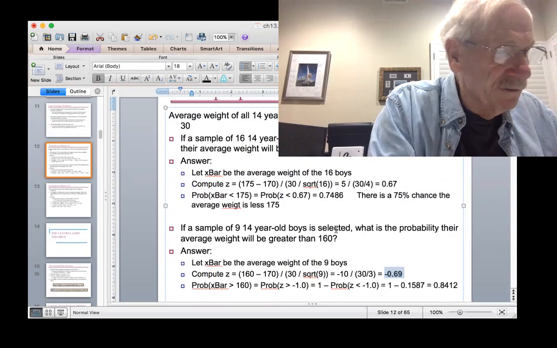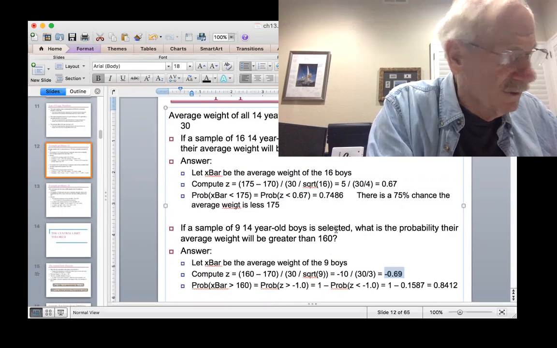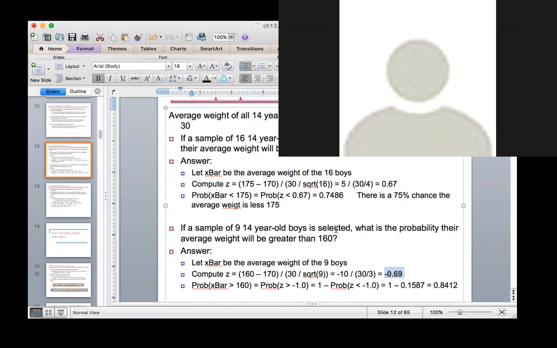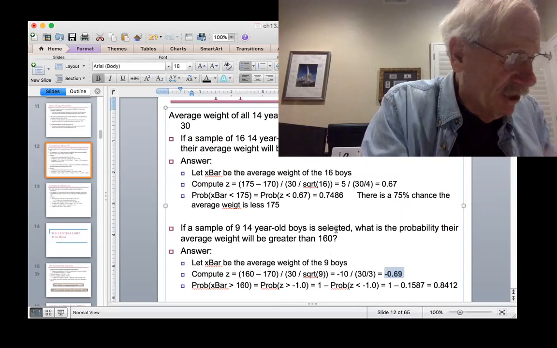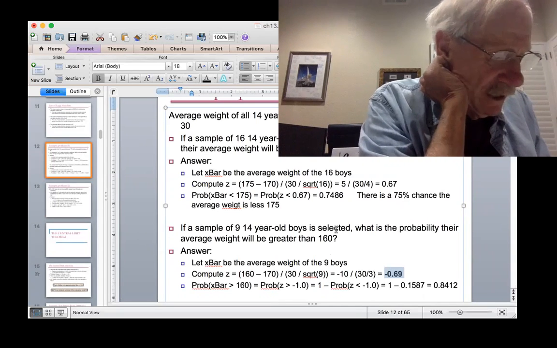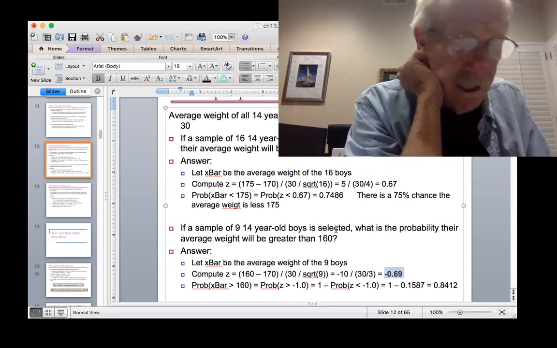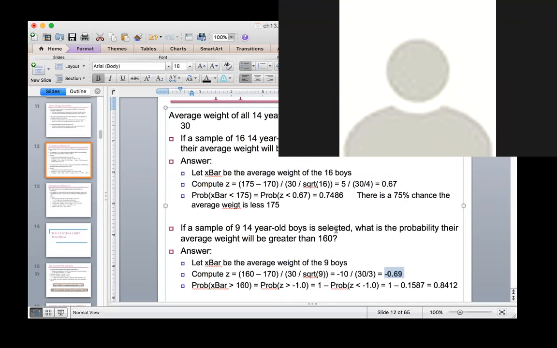Critical values. Okay, so minus 0.69. I find the minus 0.6, and I go all the way over to the 9 column, and I would get 0.2451. Okay, yes, I see that.